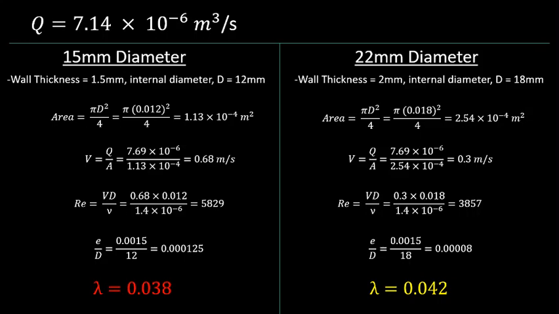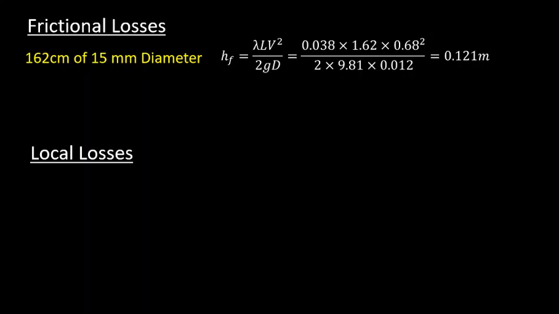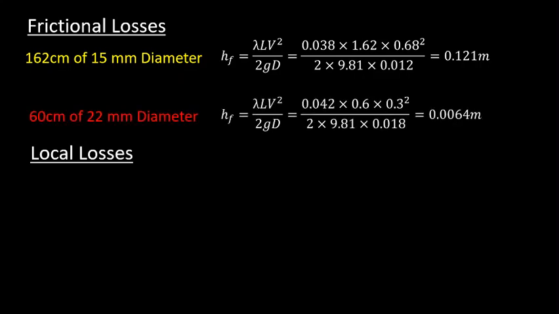And we can now use our Darcy-Weisbach equation we introduced in the first part to calculate the head loss across the sum of the entire 15 mil diameter pipe length. And then similarly across the wider pipe section. It's important to note significantly less head loss occurs in the wider section.